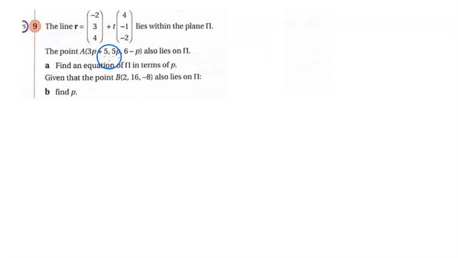Let's just check that this point A is not on the line r. So r is equal to (-2, 3, 4) plus t times (4, -1, -2).